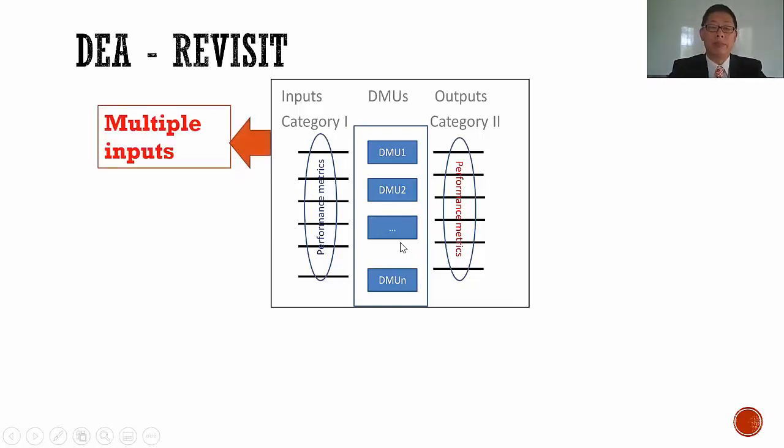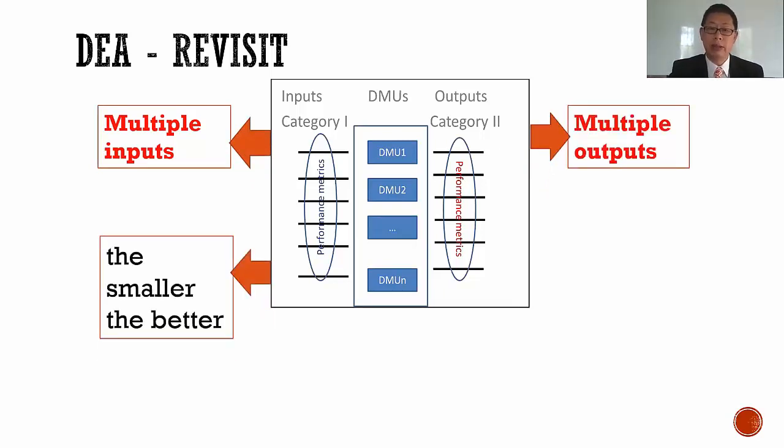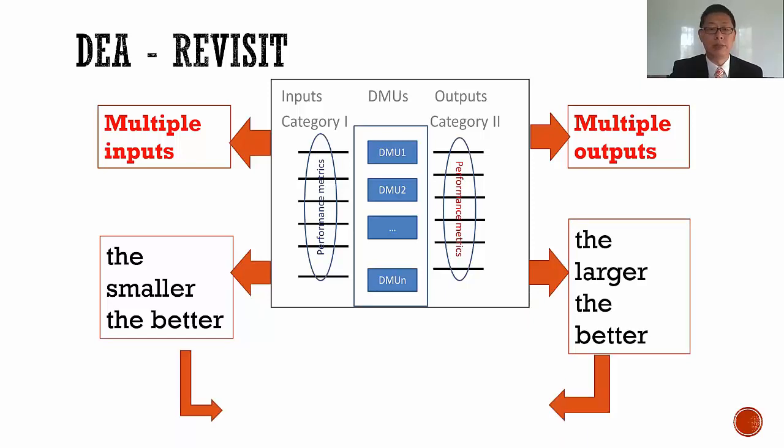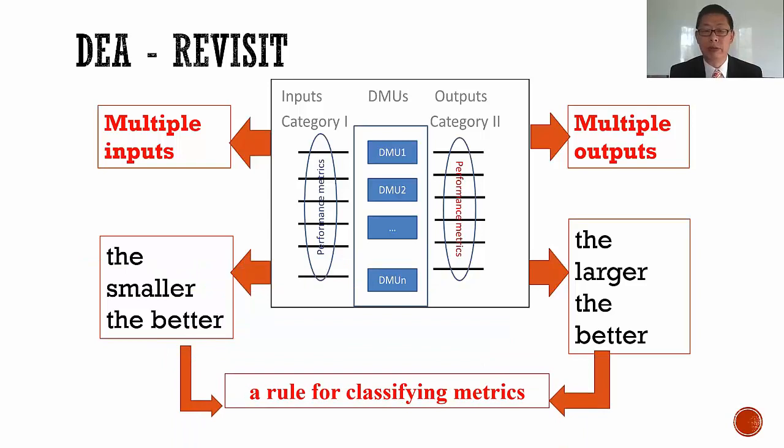So you can have multiple inputs and multiple outputs in there. Again, category 1, or the inputs, are the smaller the better, and the other side is the larger the better. This is the rule for classifying these metrics.